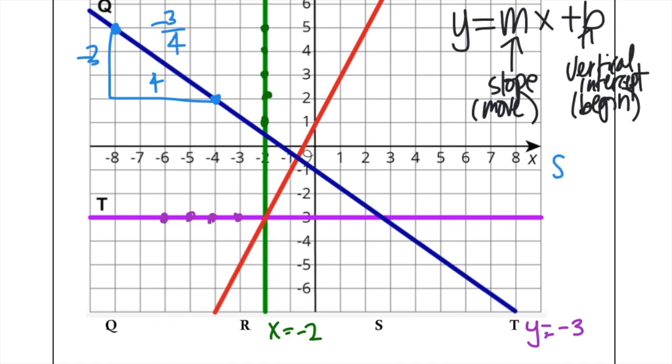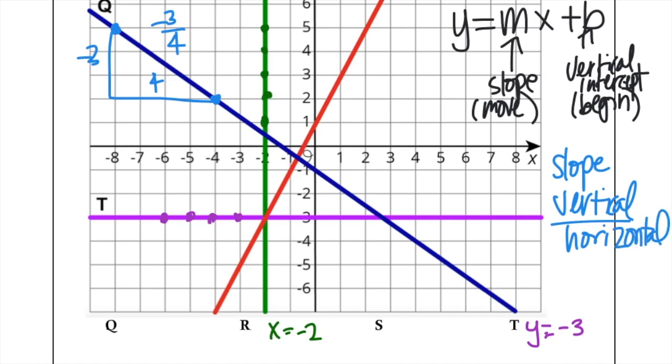So remember with slope, it is vertical change over horizontal change, or change in y over x, or rise over run. Those are all ways of explaining the same thing. So I'm going to write y equals my slope, which is -3/4 times x. Then I'm going to add to that my y-intercept.